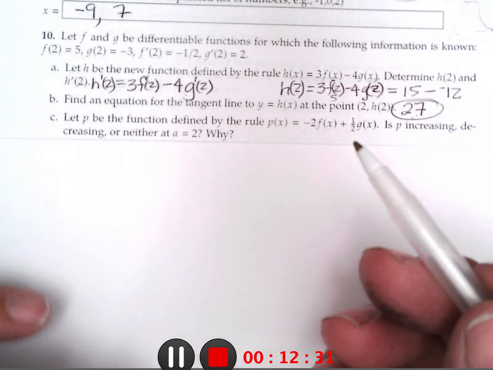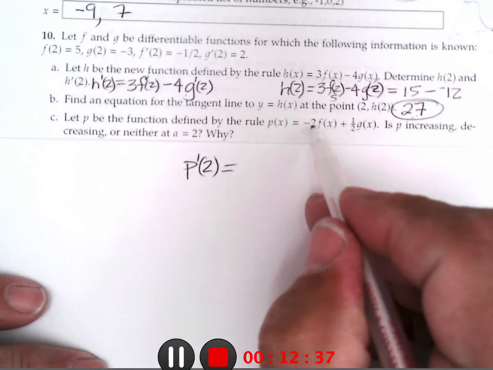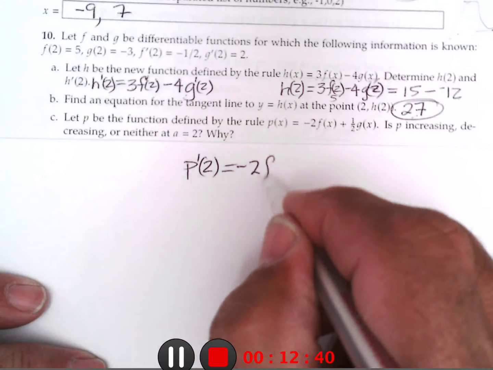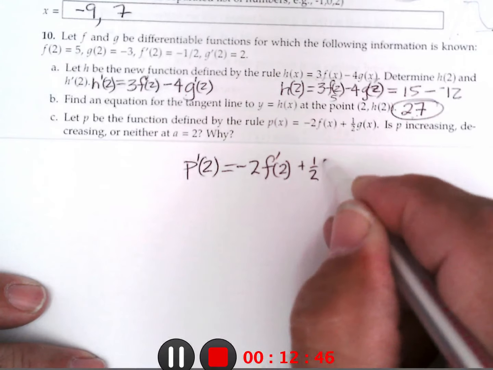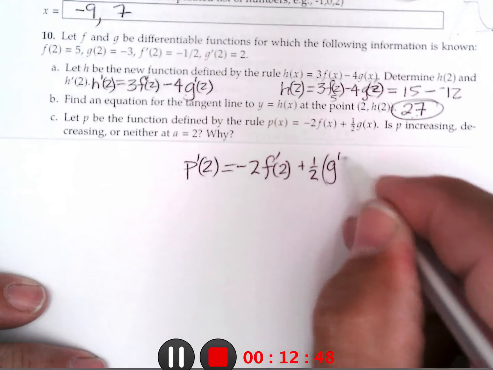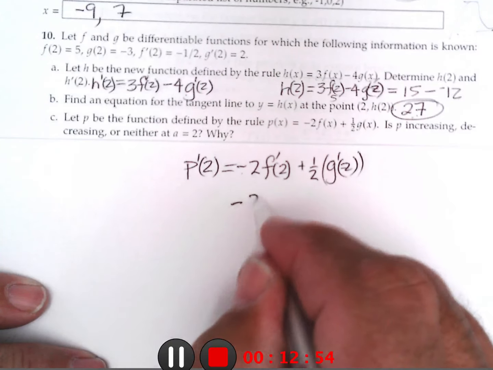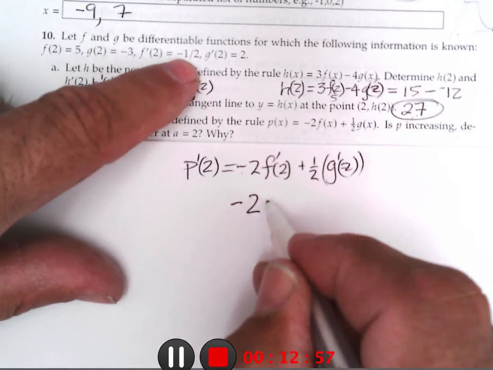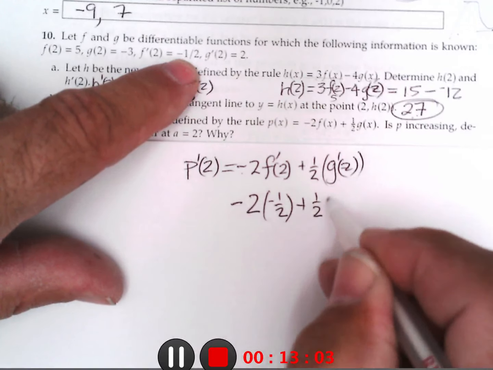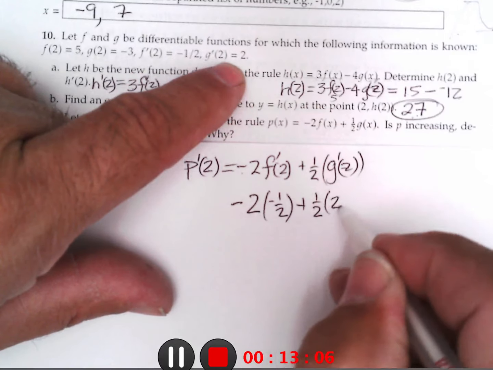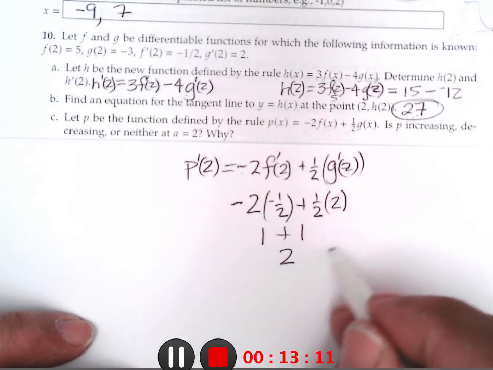So we're to find P prime of 2, which will be negative 2 times f prime of 2 plus 1/2 times g prime of 2. So we get negative 2 times f prime at 2 is negative 1/2 plus 1/2 g prime of 2, which is 2. So we get 1 plus 1, which is 2. So the function must be increasing.